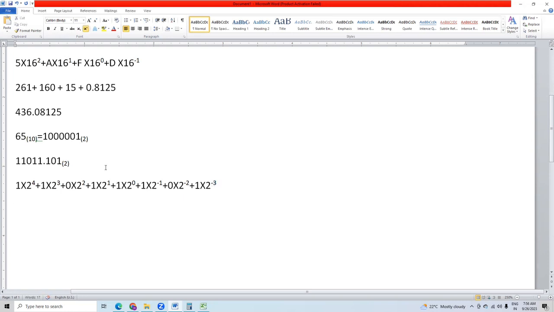Right. So what do you have to do? You have to calculate the product like how I did here. In the same way, 1 into 2 raised to 4. So 2 raised to 4 is 16. 16 ones are 16.